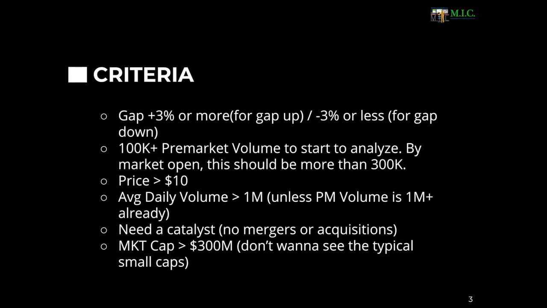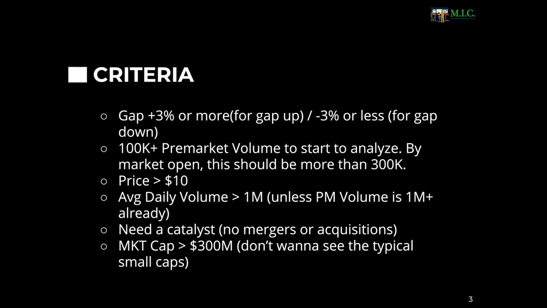The price has to be greater than $10 for me, and the average daily volume has to be greater than 1 million. Now, I don't put that in my scan because I want to see everything. If you put that in your scan and something is gapping down a bunch or gapping up a bunch but doesn't normally trade that much volume, you won't see it. So you leave that out of there.